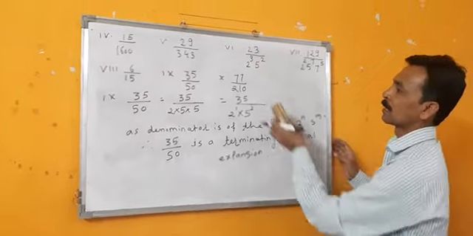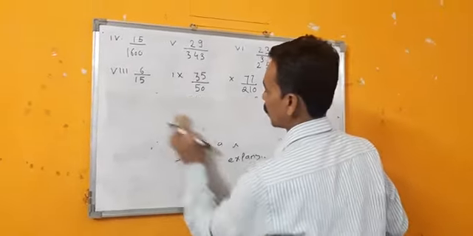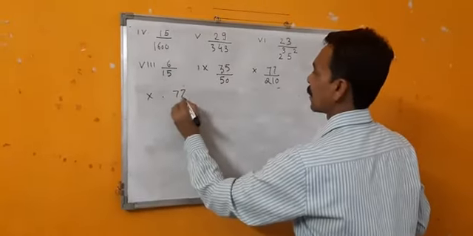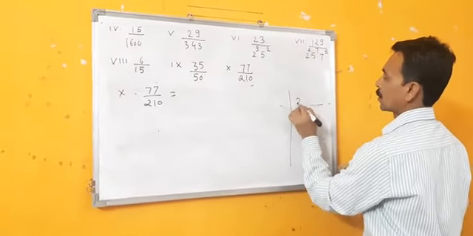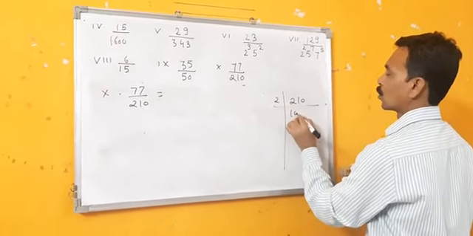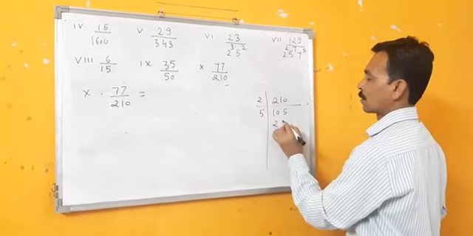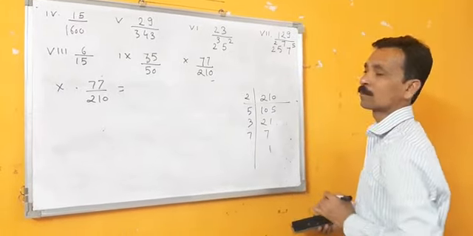The last sum, 77 upon 210. There also we will see what are the factors. This is the 10th sum, 77 upon 210. I'll find the factors. 210, 2, 10, 5s are 5, 21s are 3, 7s are 7, 1s are.